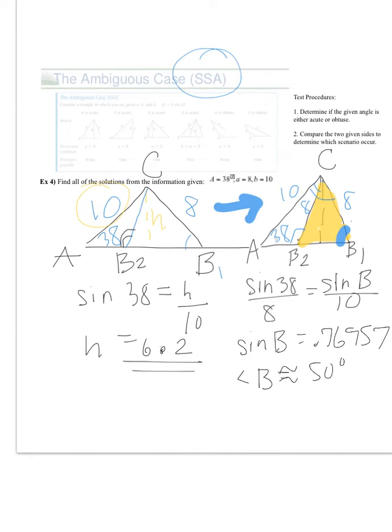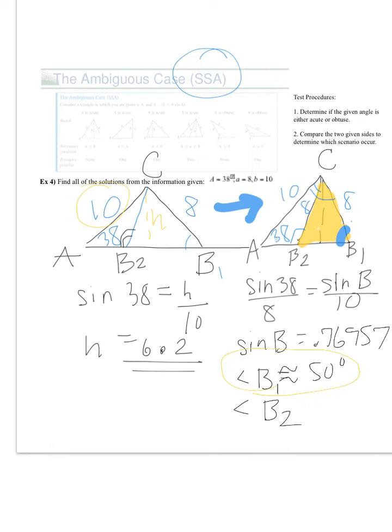So did I solve for the obtuse angle? Did I solve for the acute angle? Because it's 50 degrees, I definitely solved for the acute angle. So that was solving for B1. So to get angle B2, this is really easy.